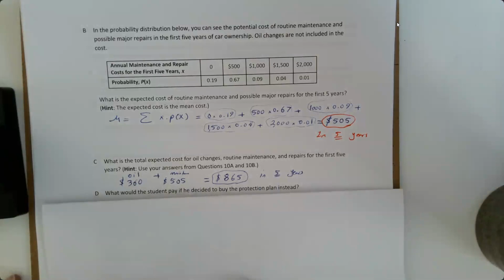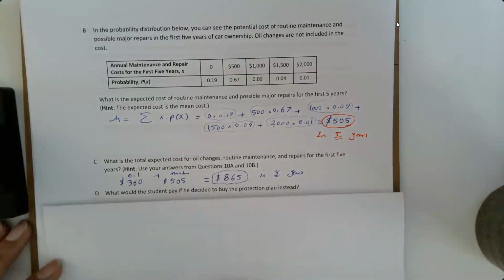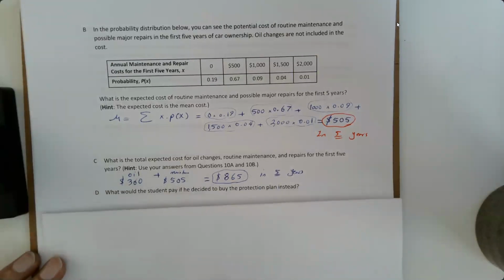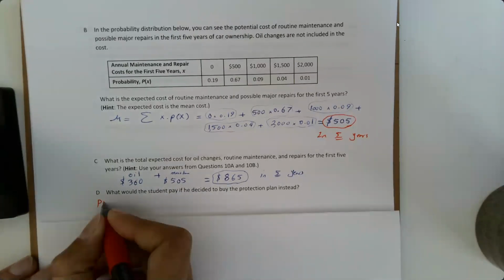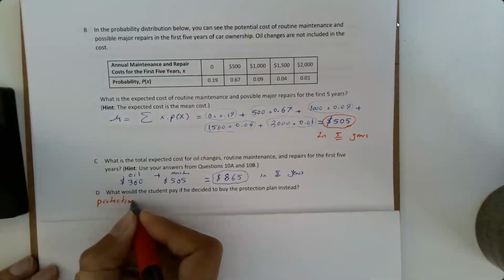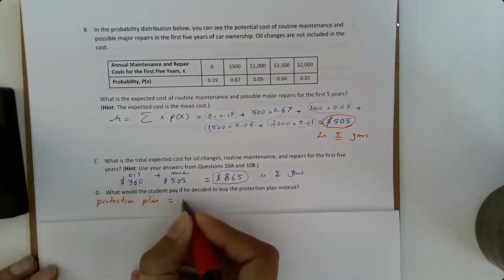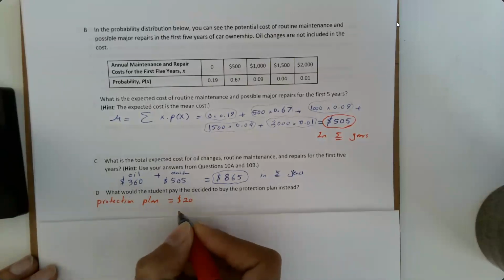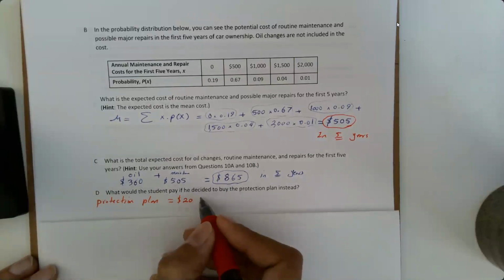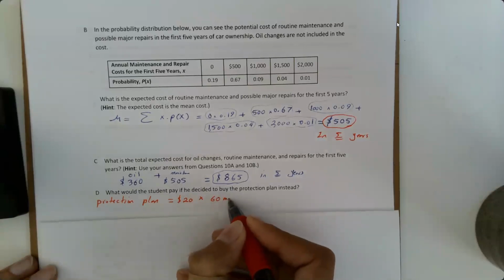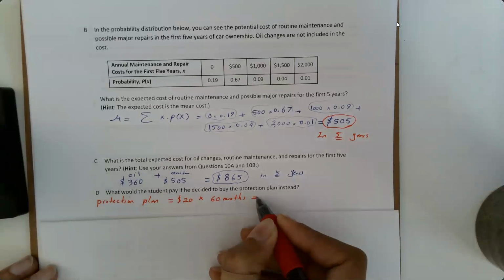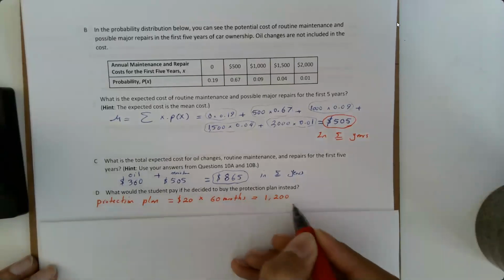Does it make sense to purchase the protection plan or not? To do that, let us calculate the protection plan cost. The protection plan says it is $20 for each month, but in 5 years, we have 60 months. It gives us $1,200.